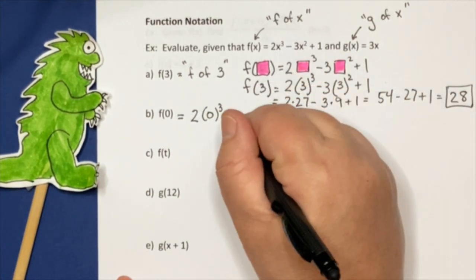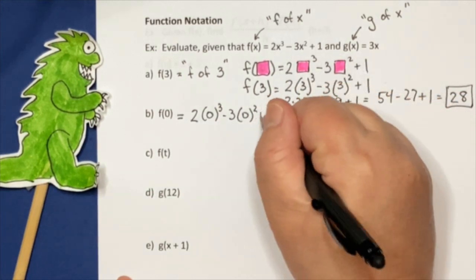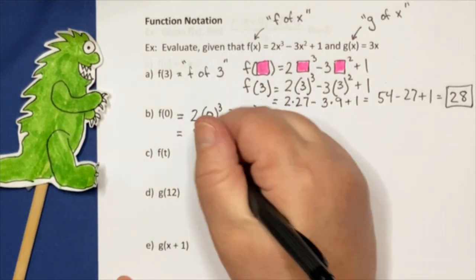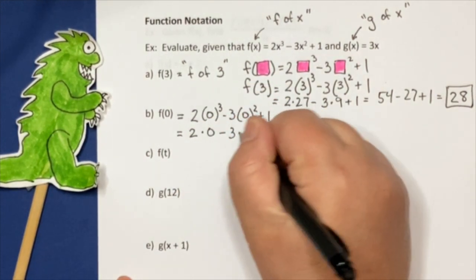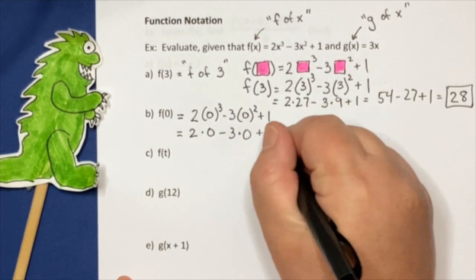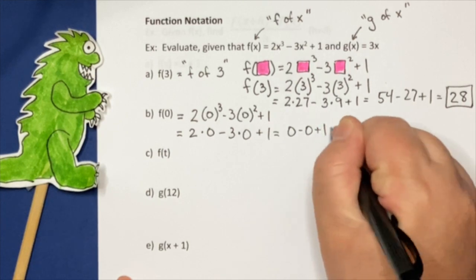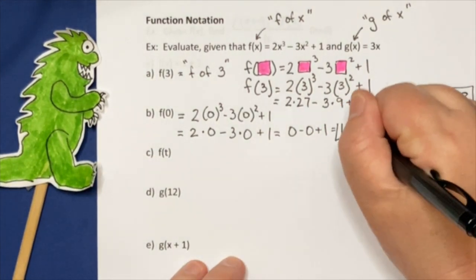Okay. Let's follow the pattern further. Now, this gets a little bit weird. The first one was f of 3, the second one is f of 0, and this is f of t. Now this is going to sound a little silly, but all this is asking is for you to take f of x and replace the variable with t.